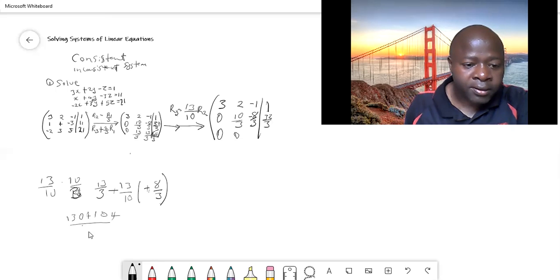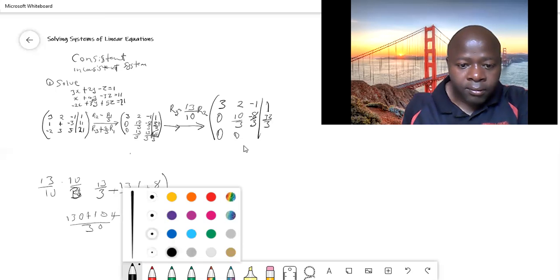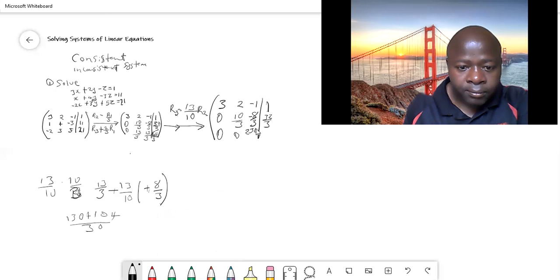So this gives us 234 over 30. Let's move on, the space is too small for us. Okay, 234 over 30.